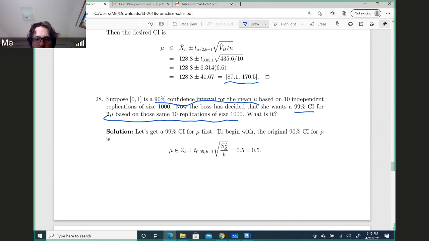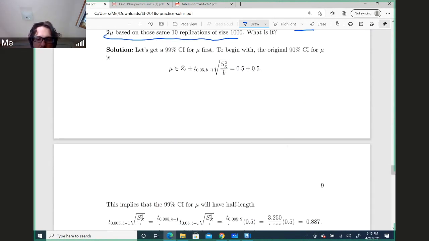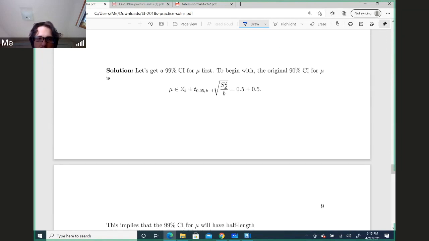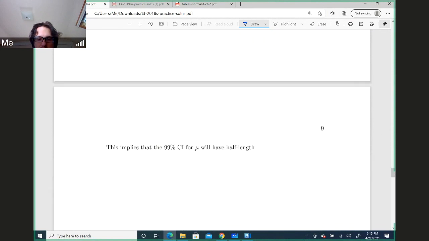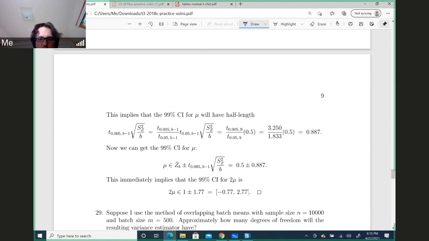It's just a matter of knowing that this is basically the confidence interval for the 90%, and then doing some algebra to get the new confidence interval.